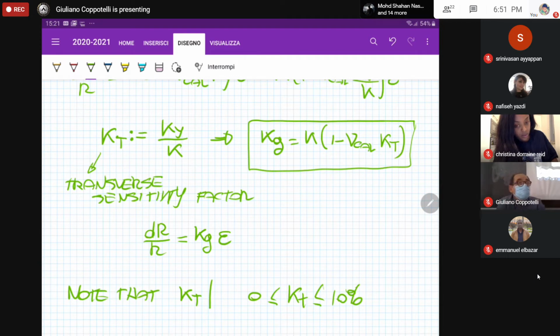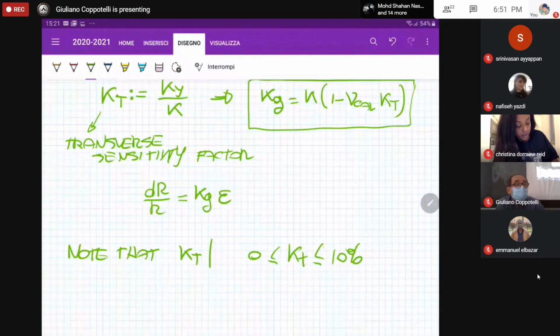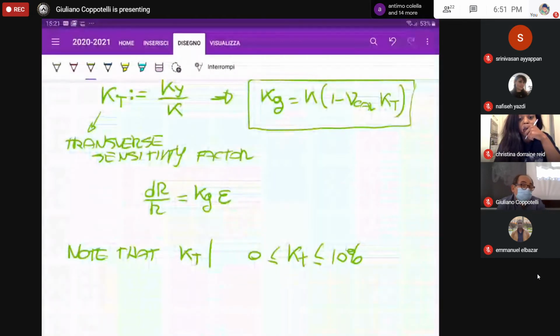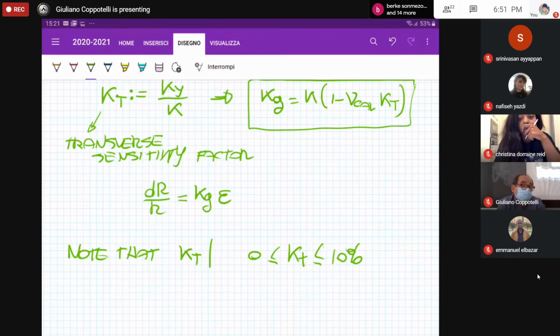So Kt is a very, very small quantity. So we can generally confuse Kg, the global strain gauge factor, with K, so that Kg is practically K.